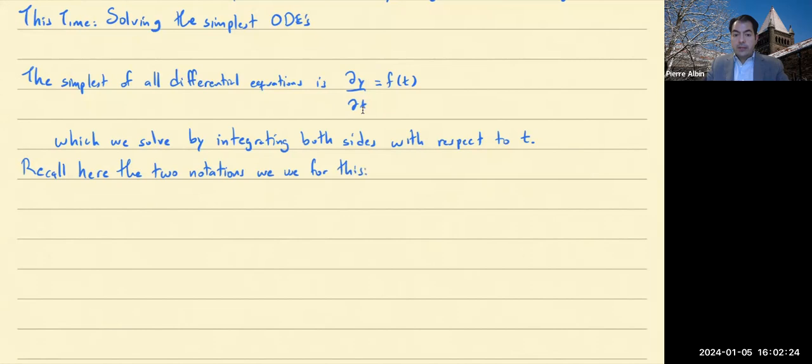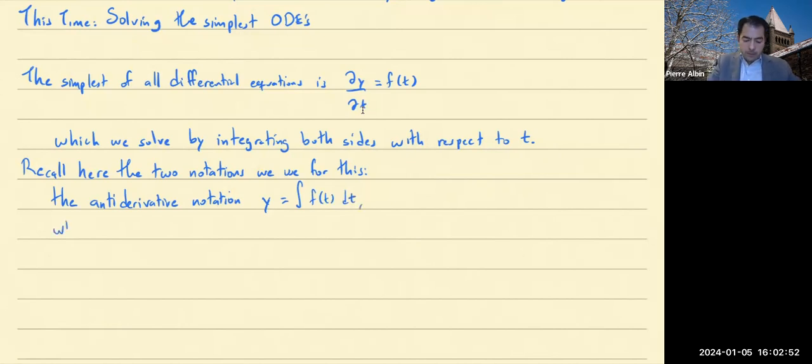On the one hand, there's the antiderivative notation, where we might write y is equal to the integral f of t dt.